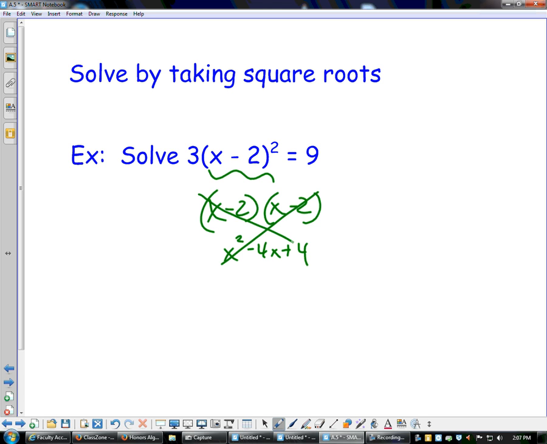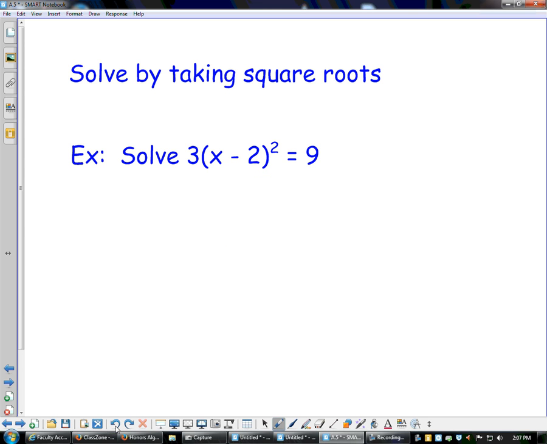We don't want to do that. That would be making more work for ourselves. So instead, the first step we should do in this is get the x minus 2 quantity squared by itself. So let's divide by 3. This 3 here divides out with this 3, and we get x minus 2 quantity squared equaling 3.